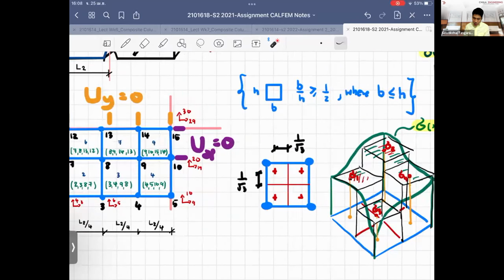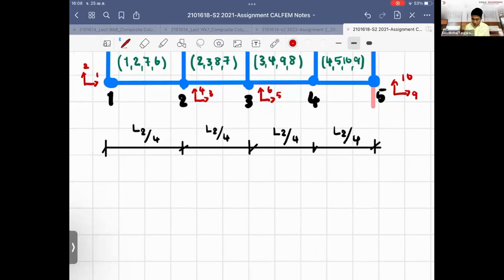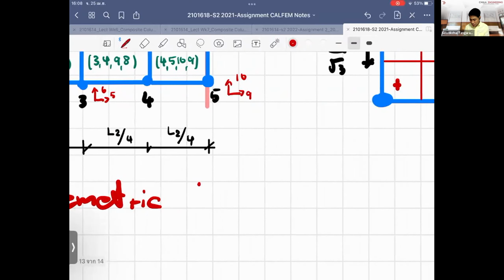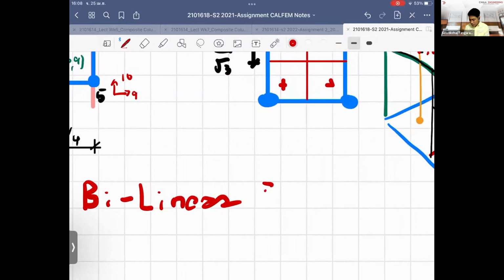But in our example, we try to fix this. We assume that we use a standard isoparametric, and the function we use is the bilinear element.